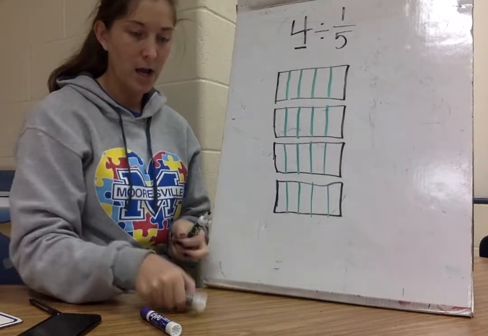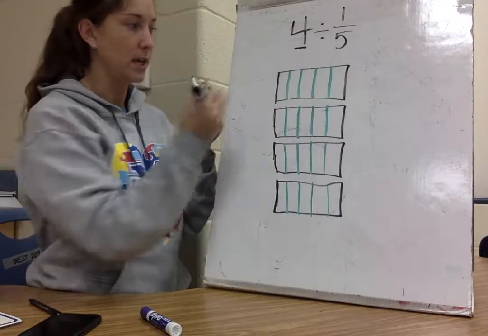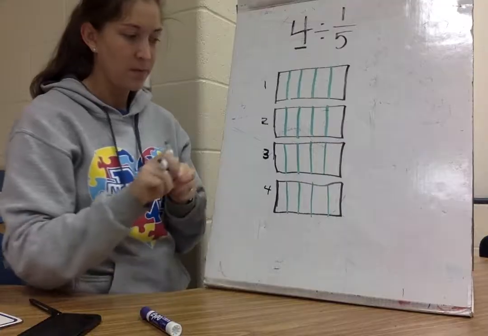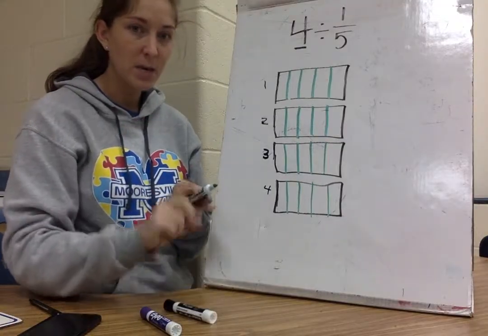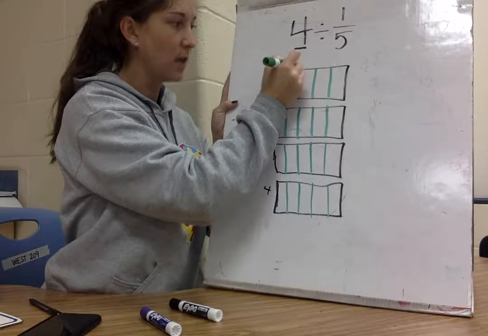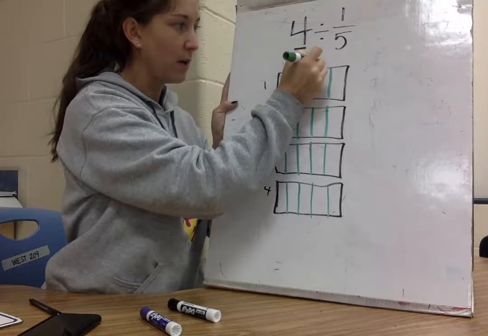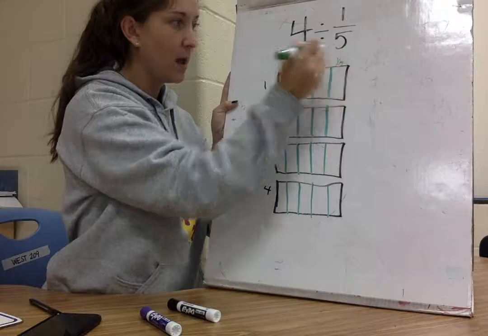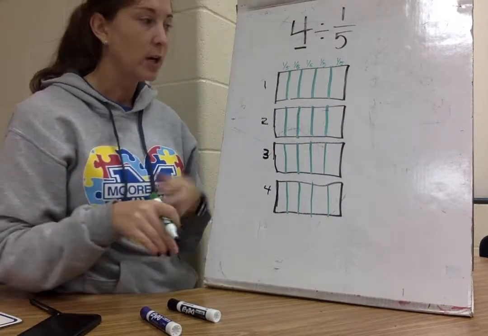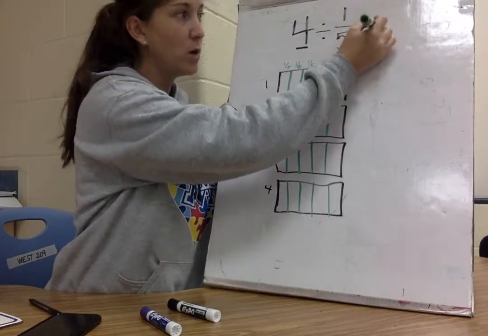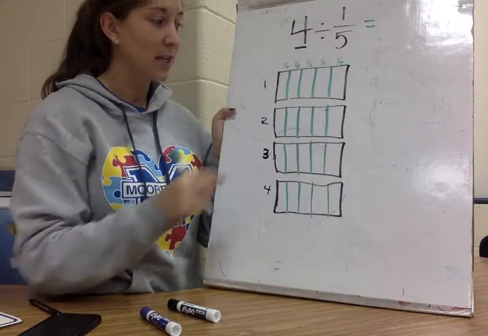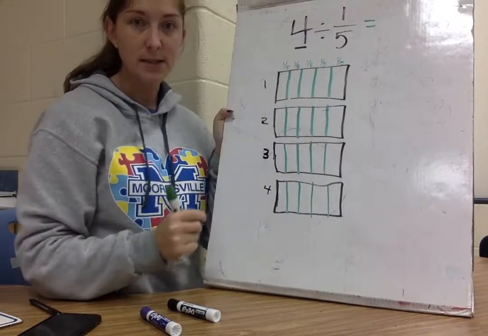So here are my 4 rectangles, 1, 2, 3, 4. And now each of these pieces that are inside of each rectangle each represent 1/5. And when I put 5/5 together, I get 1 whole. So in order to find my quotient to this problem, I have to count how many total pieces I have.